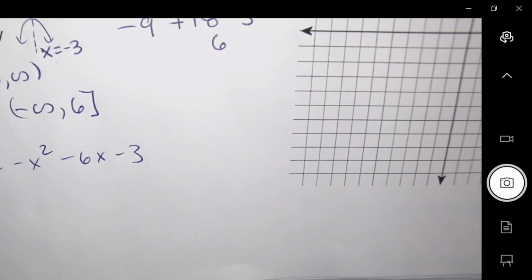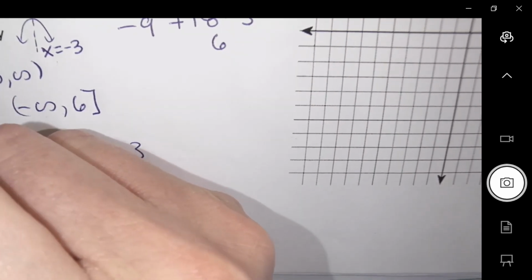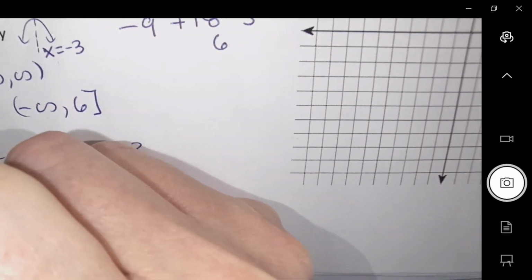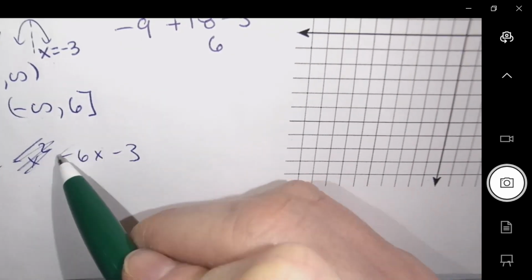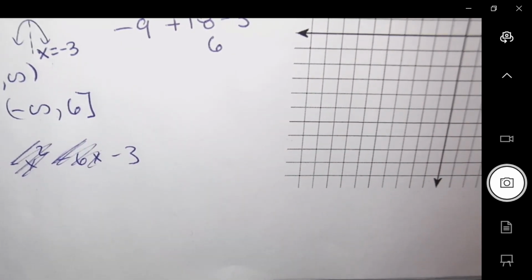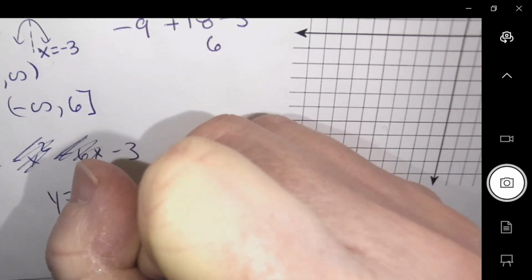Okay, the y-intercept, sorry, I'm just writing this again because I don't have it on my screen. If I do the y-intercept, it means to do what again? Make x be 0. So what would happen if x was 0? All that stuff would be 0 and I would get -3.